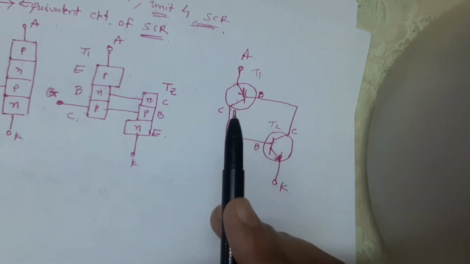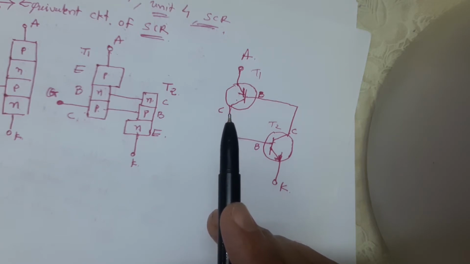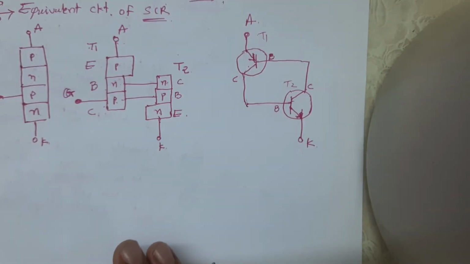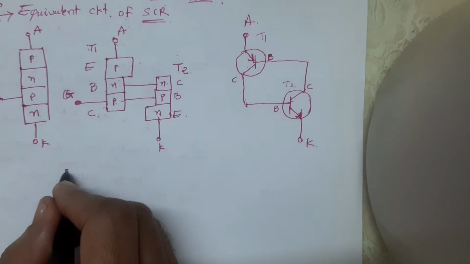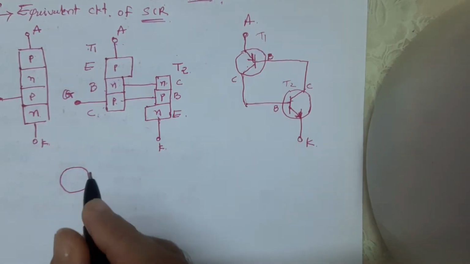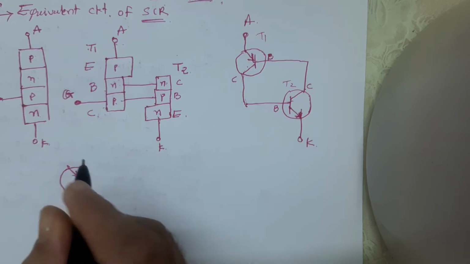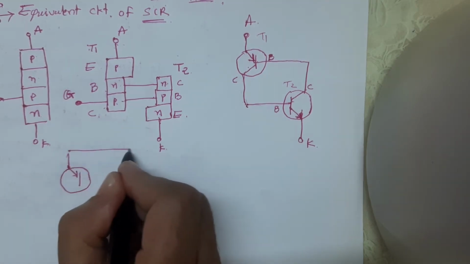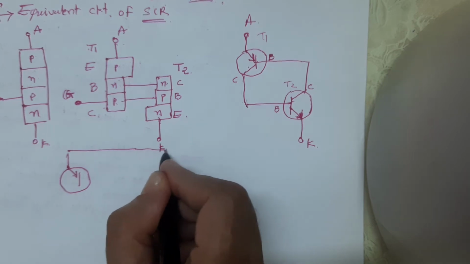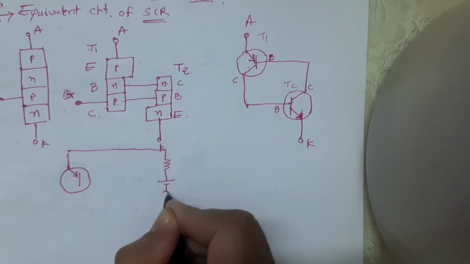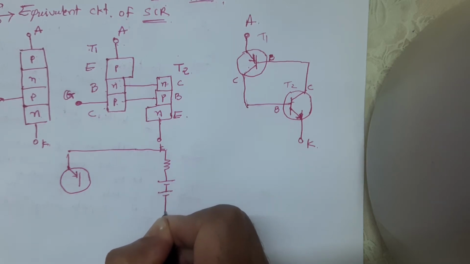The working of the SCR can also be very easily explained from its equivalent circuit. So we can discuss the equivalent circuit. The equivalent circuit looks like this. This is your transistor 1. This is your emitter. The emitter is connected to the load and the positive of the supply; the negative is at the other end.